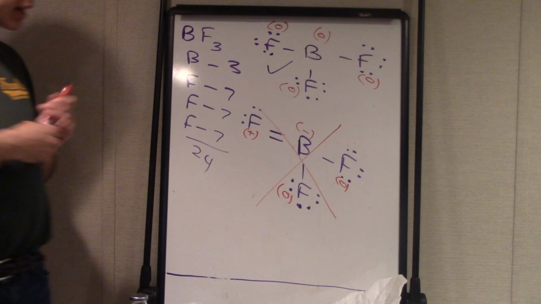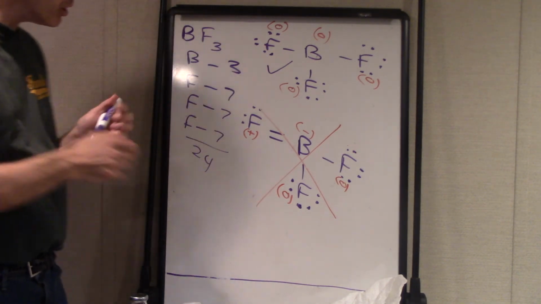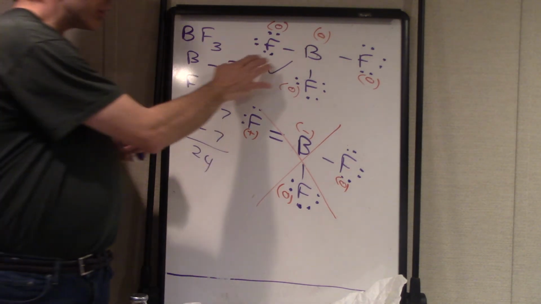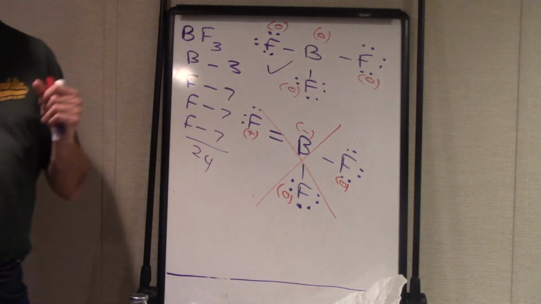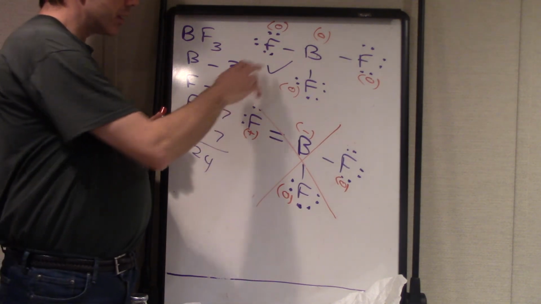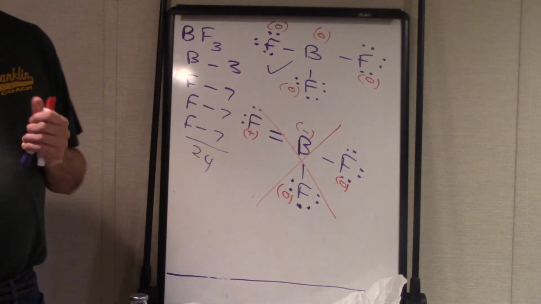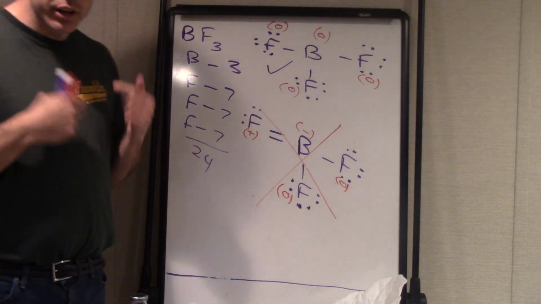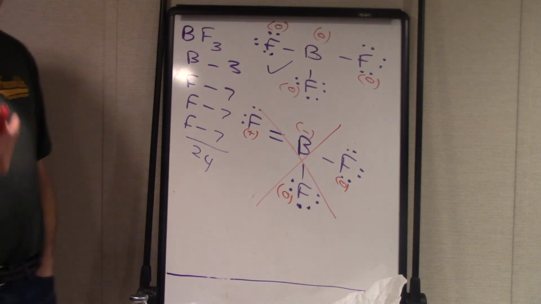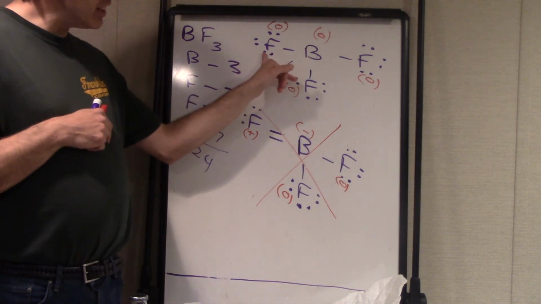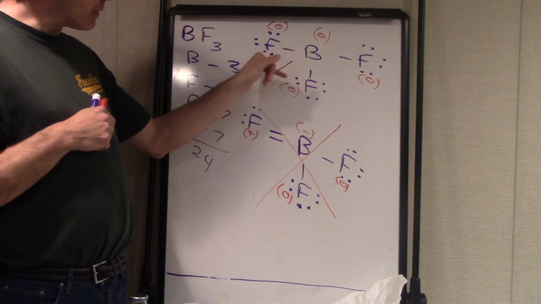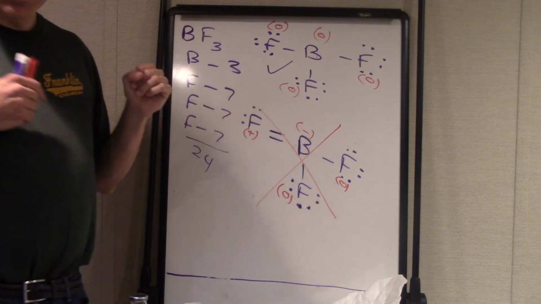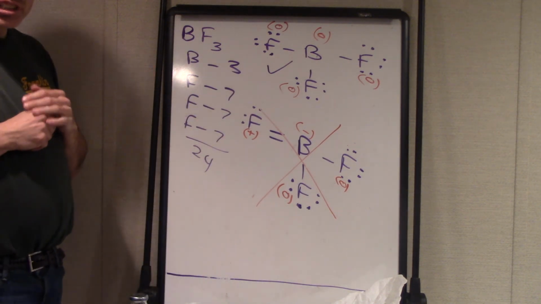Another way of looking at it is you would start with the top structure anyway, but you'd be tempted to bring these in to make this bottom structure. So here's another way of thinking about it that could help lead you towards this top structure. Fluorine is the most electronegative element. That means it's the meanest, greediest element out there. It wants the electrons way more than anybody else. Is fluorine going to voluntarily share something that it already has exclusive ownership of with something else, unless there's absolute necessity?